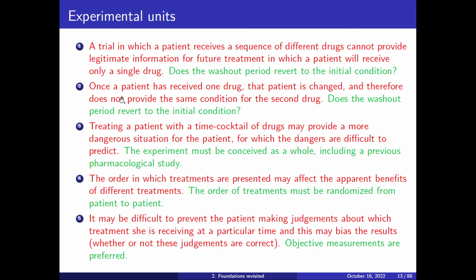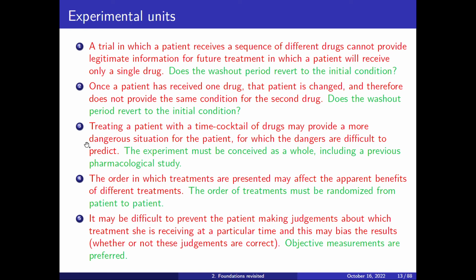Once a patient has received one drug, the patient is changed, it is not the same one, and therefore does not provide the same condition for the second drug. And treating a patient with a cocktail of drugs, so the patient will receive two drugs, a first one and a second one, may provide a more dangerous situation for the patient, for which the dangers are difficult to predict.